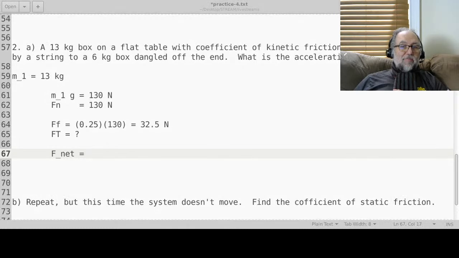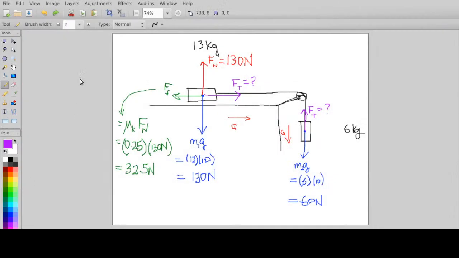So let's go back to the diagram for a second to see how we would reason out F net, okay? And so these two forces here, the normal and gravity straight down, they cancel, okay? So they're not contributing to F net at all. You can just strike them out like that, okay? It's these two that are competing, all right?